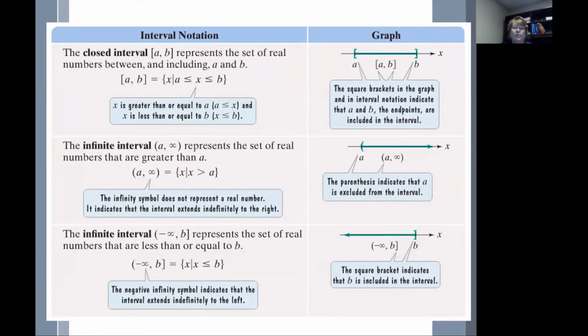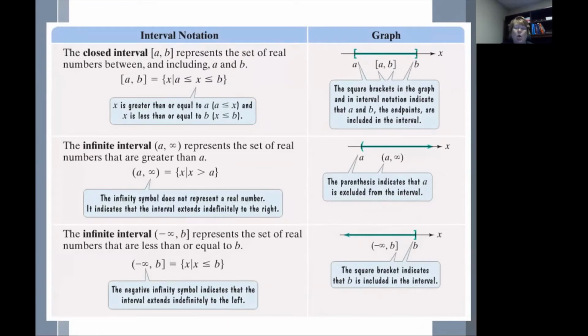The next two intervals are called infinite intervals, and they're infinite intervals because they continue on forever. The first infinite interval is parenthesis A, comma, infinity.